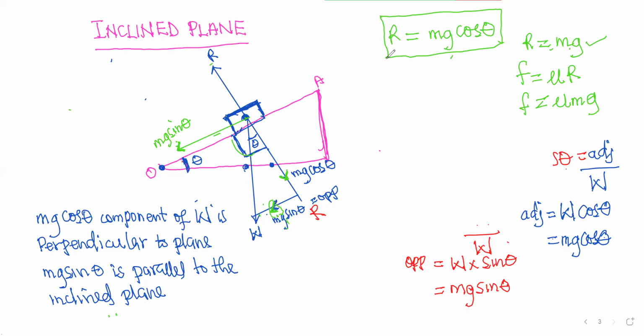If the body is on an inclined plane, the friction would be equal to mu times R, and R on an inclined plane is this. So on an inclined plane, friction will be given by mu times mg cos theta.